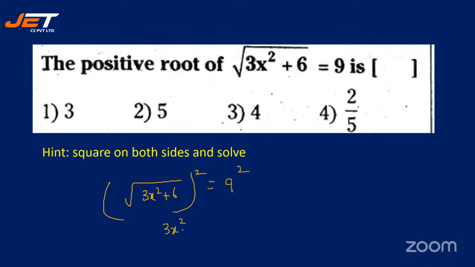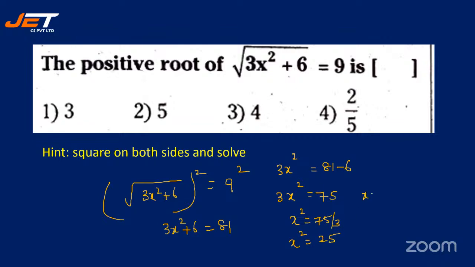So 3x square plus 6 is equal to 81. 3x square is equal to 81 minus 6. So 3x square is equal to 75. So x square is 75 by 3. So x square is 3 2s are 6, 3 5s are 15. So x is plus or minus 5. So here it is plus 5, so it is 5. Right? So the option is 2.